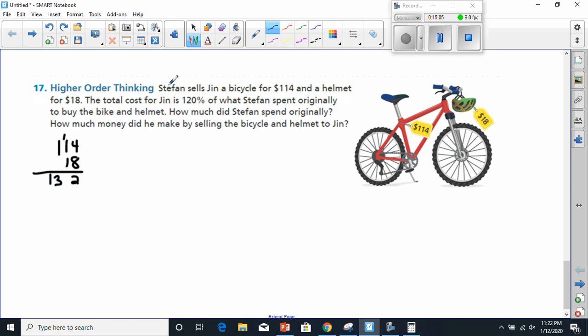So Jen bought the bike for $132, and the total cost for Jen is 120%, so that equals 120%. Now Stefan, he bought it for 100%, and they want to know what was the cost at 100%. So we're going to cross multiply again.